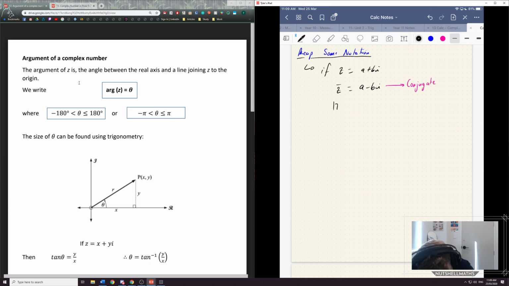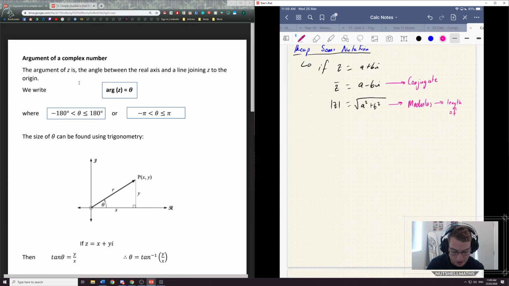And we've also learnt that the modulus of z, not the absolute value, is the square root of a squared plus b squared. We call this the modulus, which by definition means essentially the length of z. Okay. Right, bigger. I'm trying.